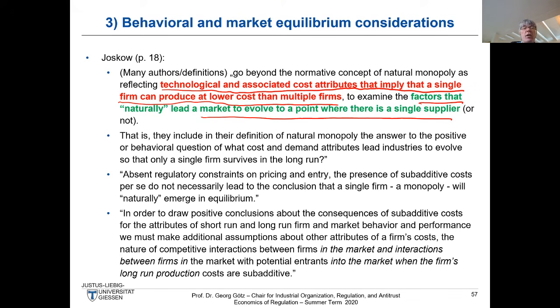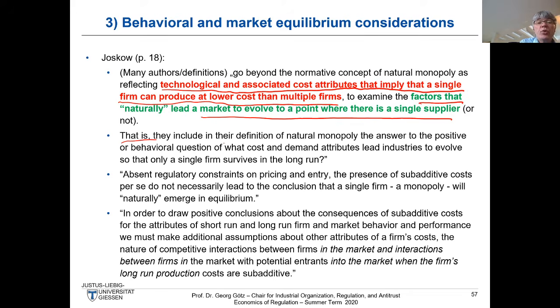Because that's what we will discuss later on. Even though it would be cost efficient to have only one firm, it might be better from a competition, social welfare and regulation perspective to have several firms in a market, in particular given the asymmetry of information.